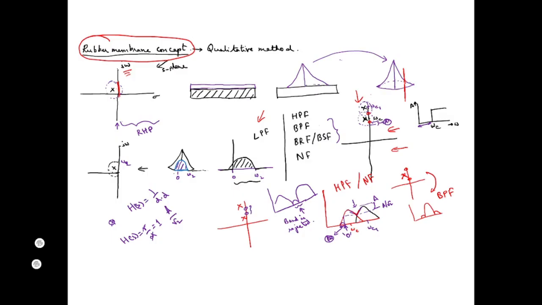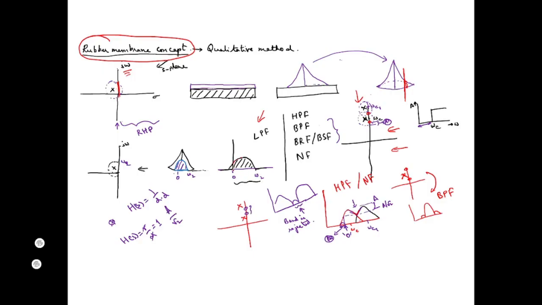So at this point, we are having some amplitude, right? Now this amplitude is the gain of the filter at that particular frequency. So as you go from one frequency point to another, you will be getting something like this, right?